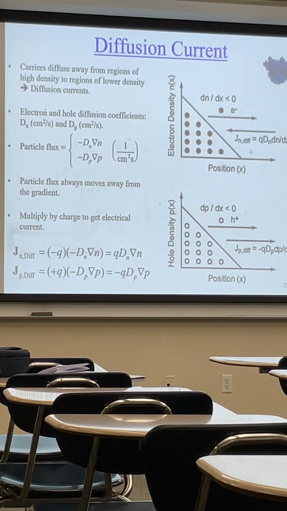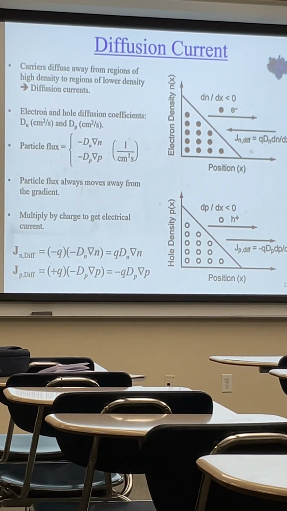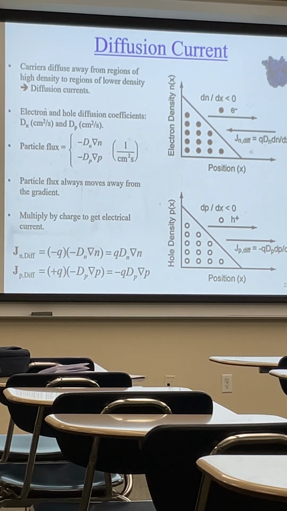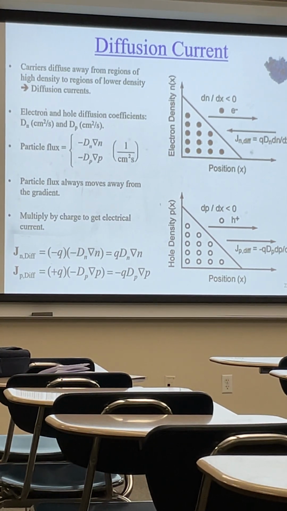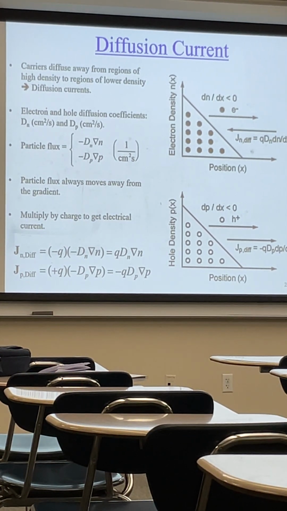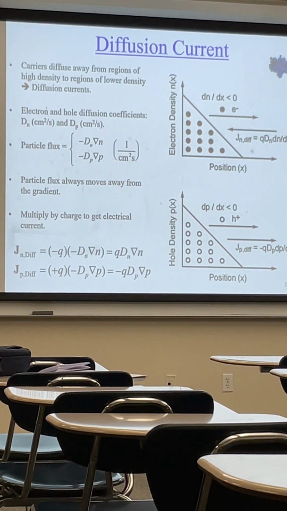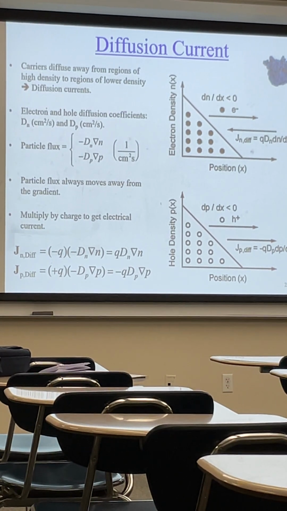But for holes, because holes are positive charge, if holes are moving to the right, then the corresponding diffusion current will have the same direction. So there's a difference here. The directions are different even if we have a similar moving direction for electrons and holes, because they have opposite charge.